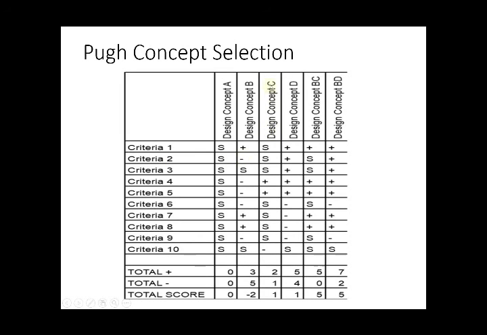Then we compare design concept C with A and D with A and so on. So we fill this matrix with a plus sign, minus sign or S after comparing it.